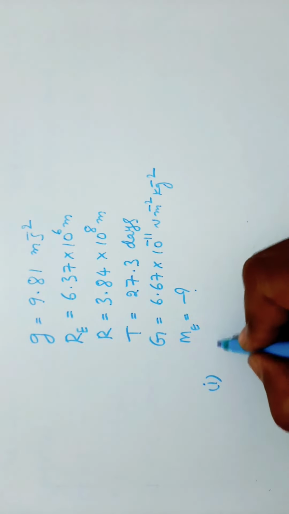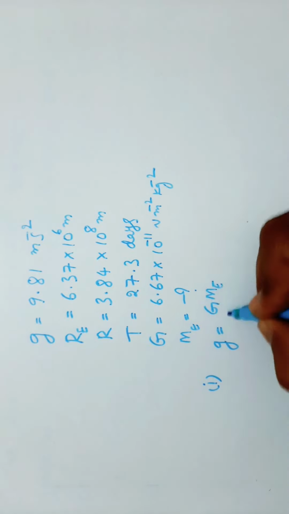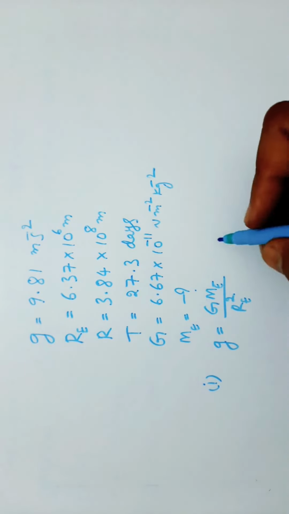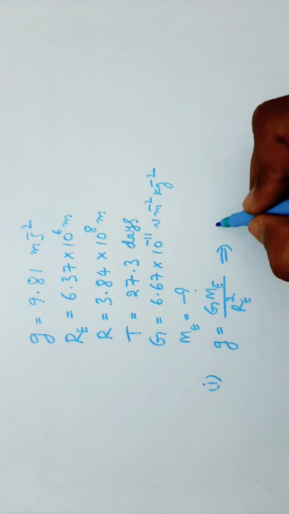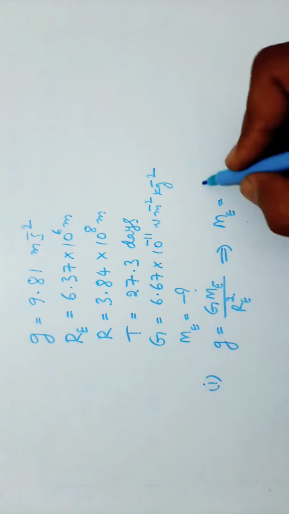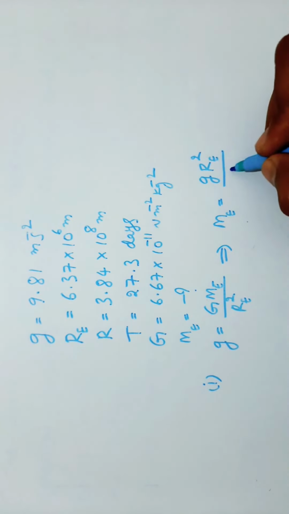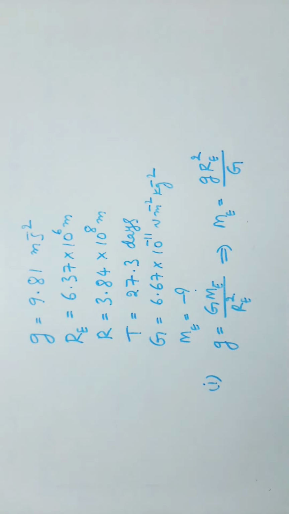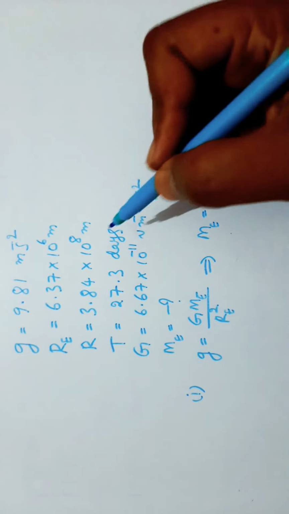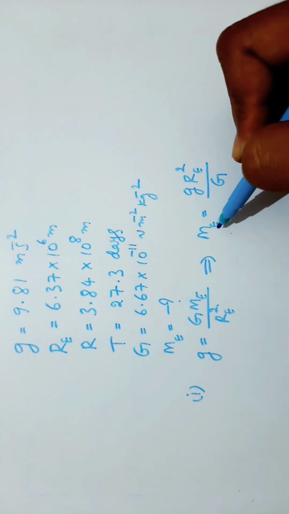So here we have a formula for acceleration due to gravity. g is equal capital G ME by RE square. So from this, mass of the earth, how we can write? So g into RE square by capital G. Substitute these values in this equation, we can get mass of the earth.